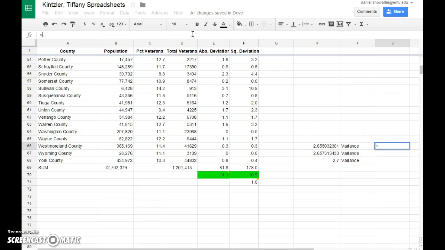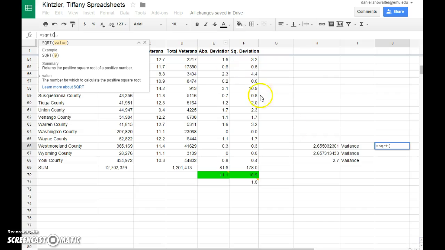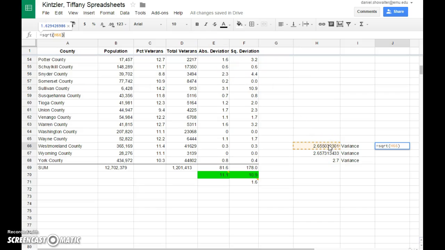So if we take the square root of this value, we get 1.62, and this is what's called our standard deviation. So these numbers are the variance, three different ways to calculate the same thing. This is the standard deviation.